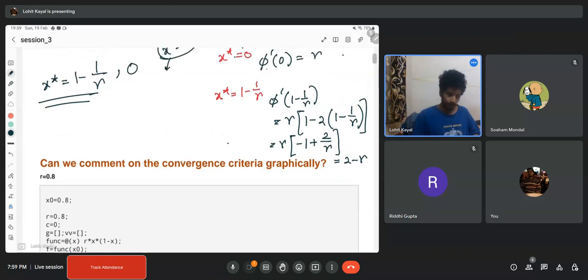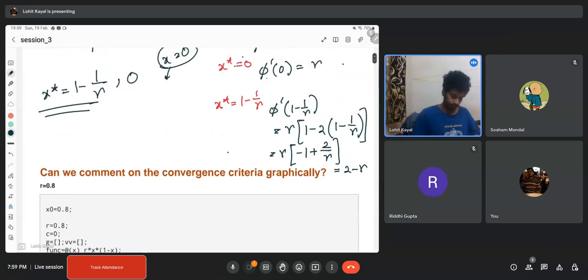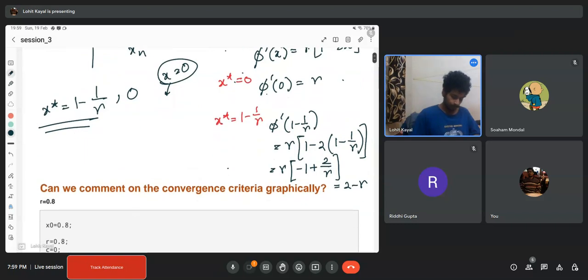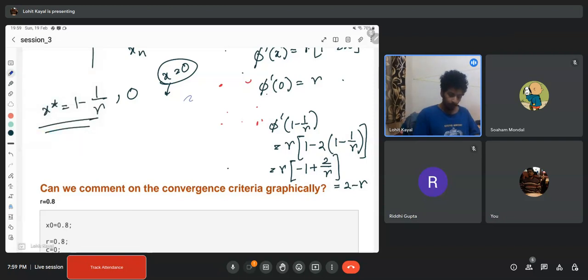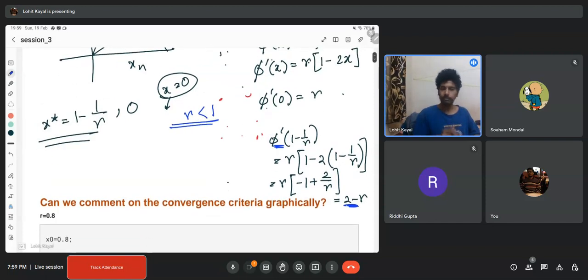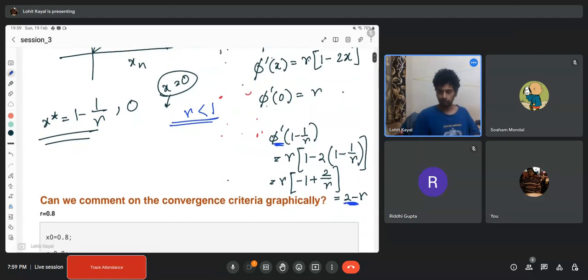Now this result is very interesting. Why? You will find out in a moment. So I have two values of slope: one is r and another is 2 minus r. Now when r is less than 1, if I use this method, my solution will converge to which root?